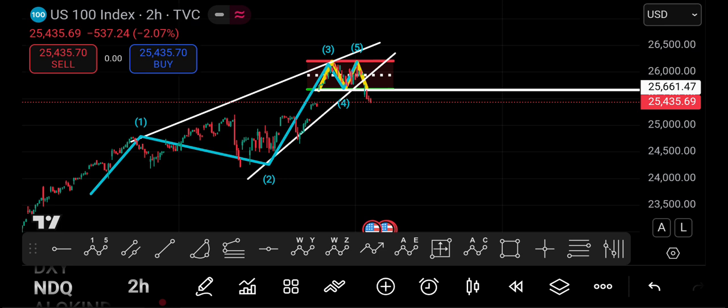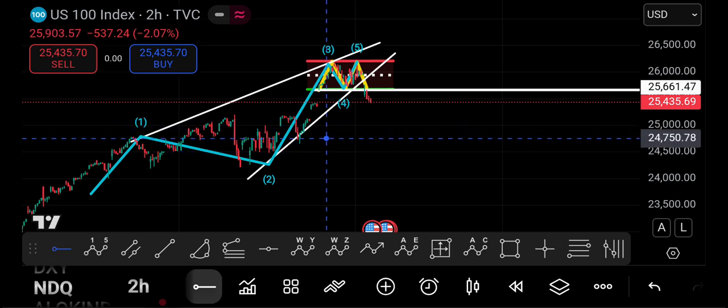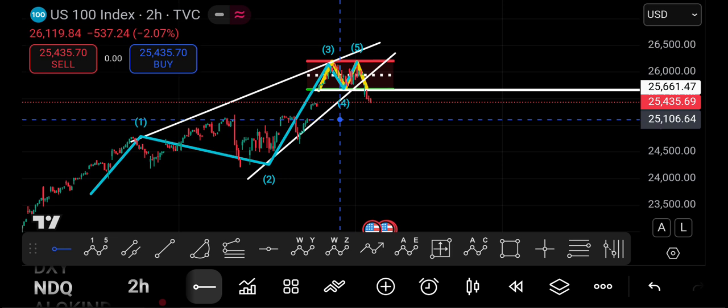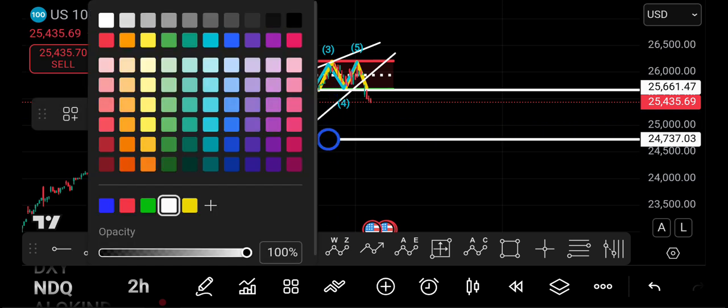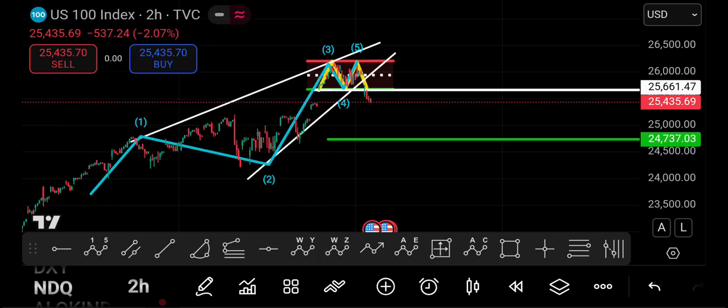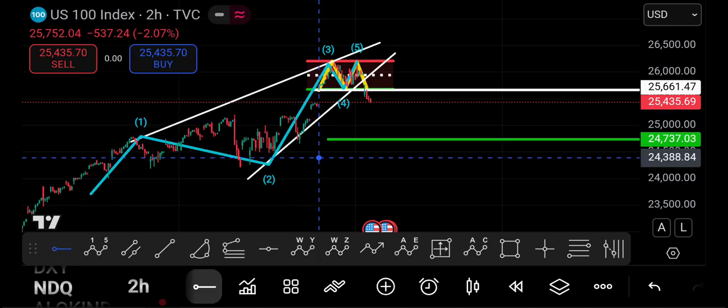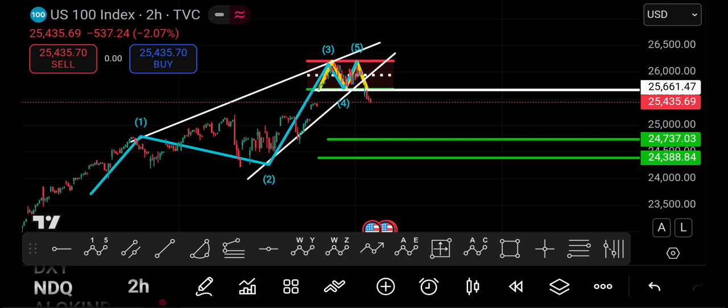And now the next targets you will witness very soon. The first target will be 24,737, and the second target you will also witness somewhere around 24,388.